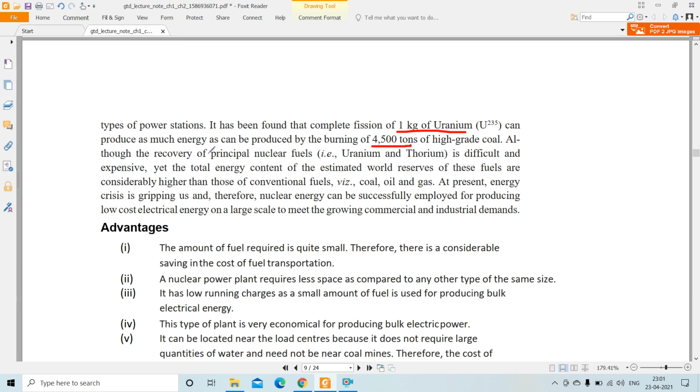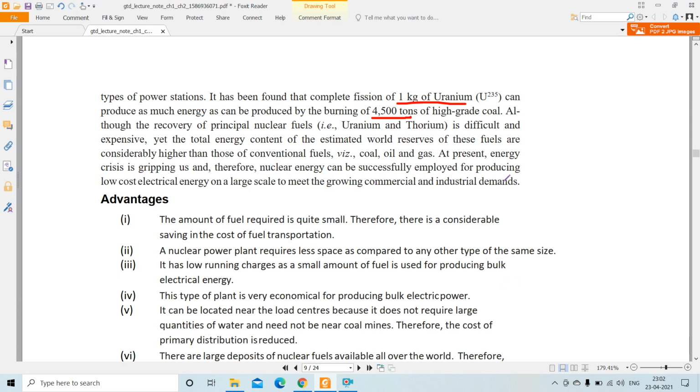Although the recovery of principal nuclear fuels like uranium and thorium is difficult and expensive, the total energy content of the estimated world reserves of these fuels is considerably higher than those of conventional fuels like coal, oil and gas. At present the energy crisis is gripping us, and therefore nuclear energy can be successfully employed for producing low cost electrical energy on a large scale to meet the growing commercial and industrial demand.